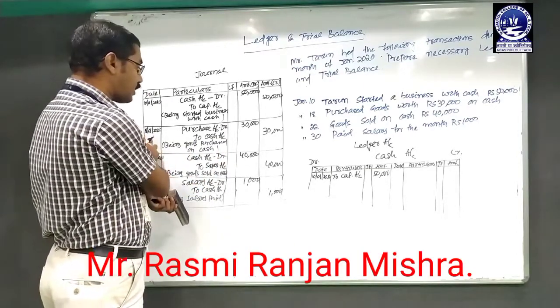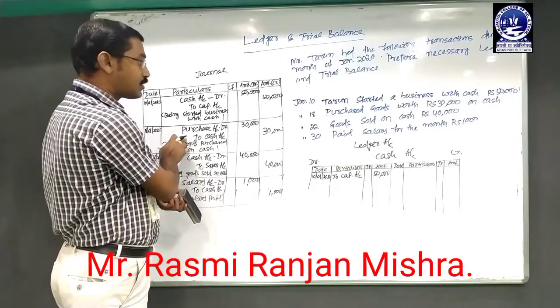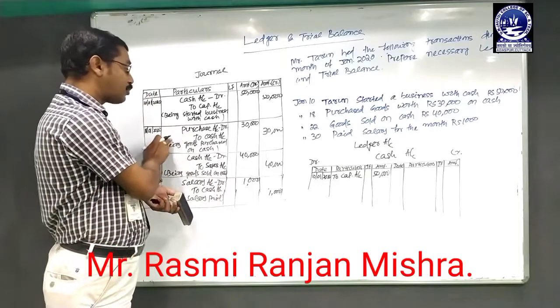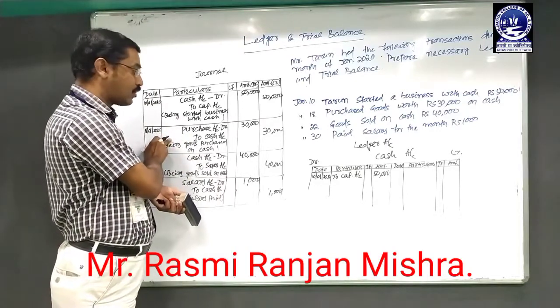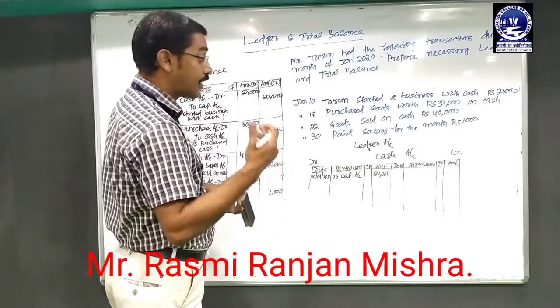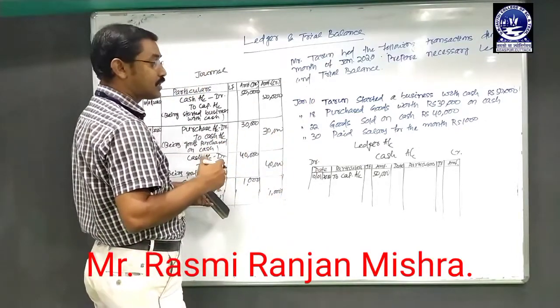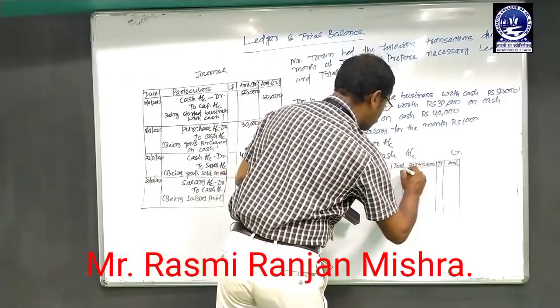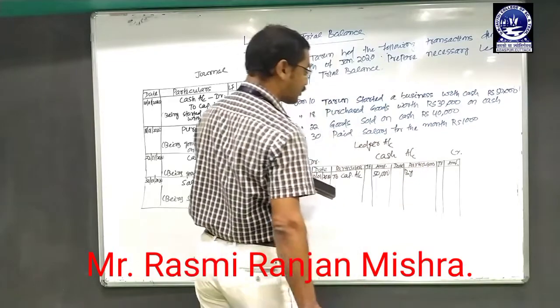Then on 18th January the transaction is purchased goods worth rupees 30,000 on cash and the entry is purchase account debit to cash account. So here cash account credit, that means we have to go to the right side or the credit side of the cash ledger account. As credit side always starts with By, we have to put it in particulars column By.